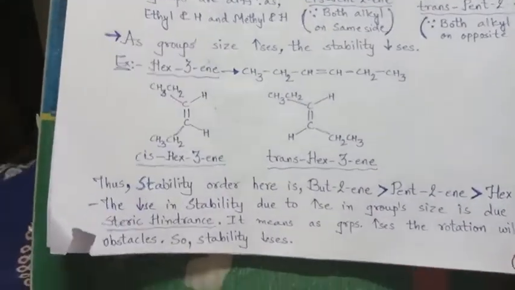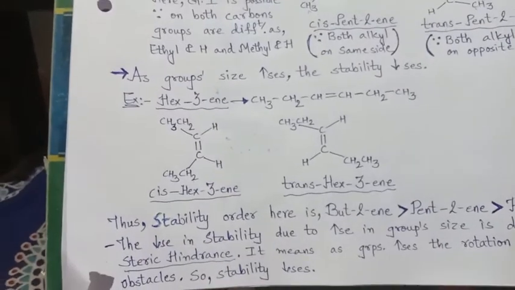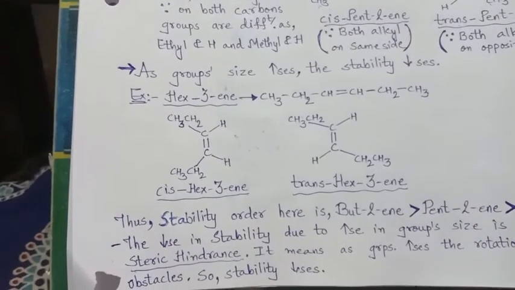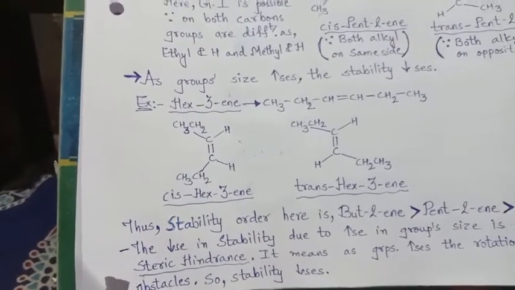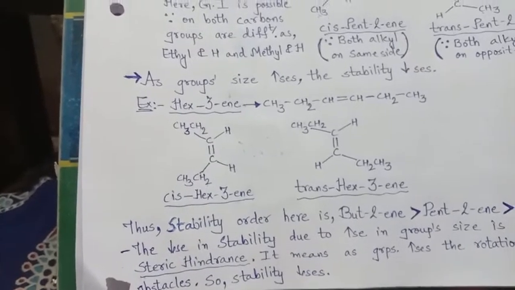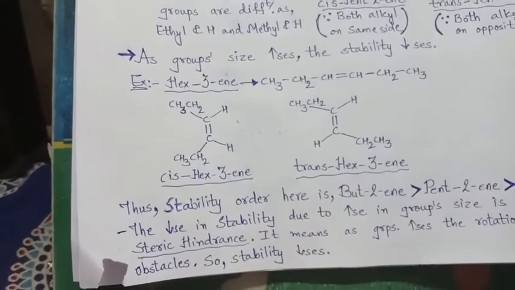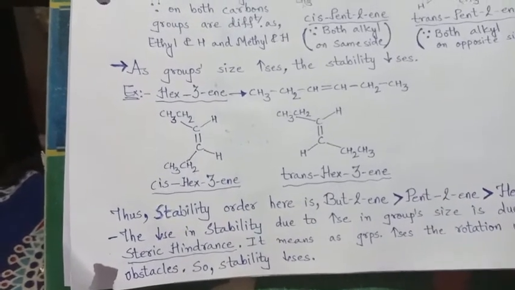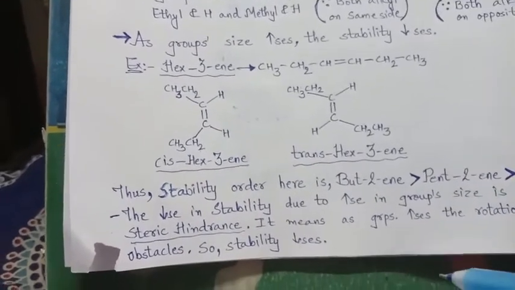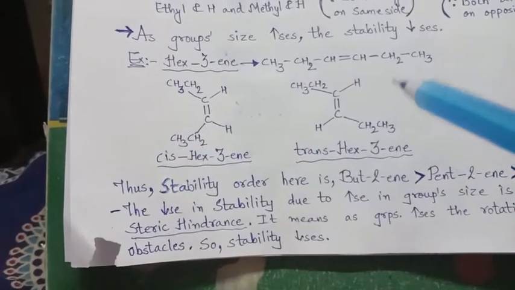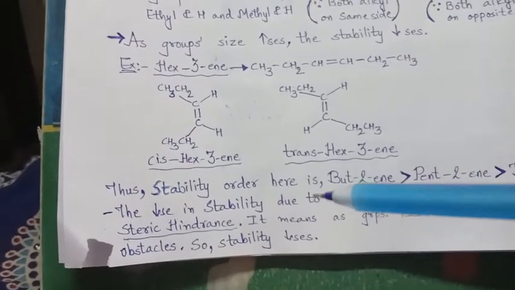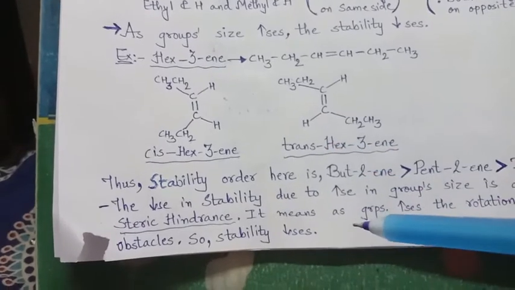This is a little difficult to understand, because as we understand, if something increases in size, then its stability should increase. If more force is there, if more support is there, then the stableness should increase. But here why does it decrease, let us see. I just told when I explained with the pen that there is a restriction in the rotation.